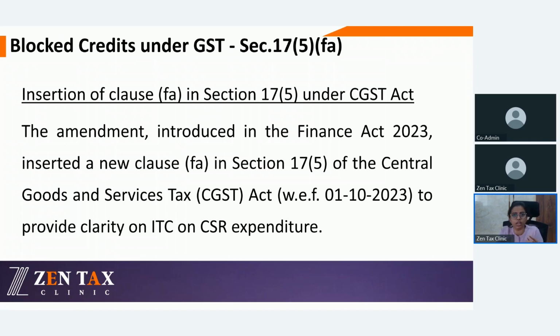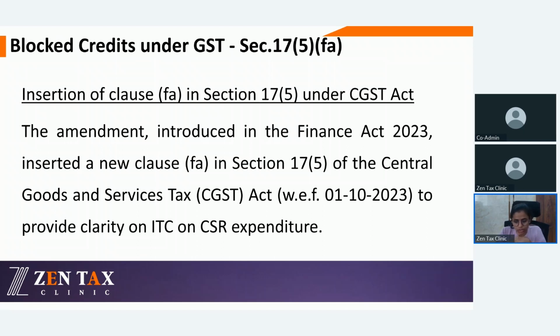Say if your turnover or net profit exceeds the threshold limit for this CSR, then you'll have to incur this CSR expenditure as mandatory. So if there is any input or input service pertaining to that, then that ITC is blocked. This has been introduced with effect from 1st of October 2023.